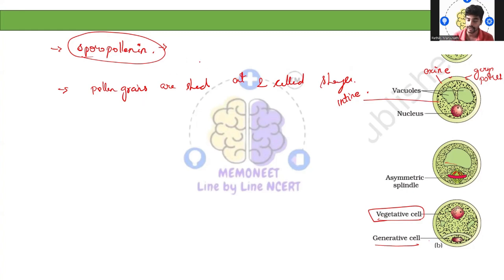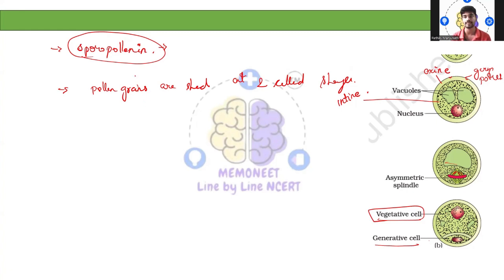And in the remaining species, the generative cell normally undergoes mitotic division to give rise to two male gametes before the pollen grains are shed. So in these pollen grains, obviously, you are going to see a three-celled stage.